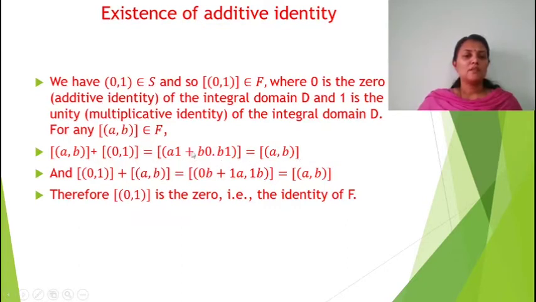This is the definition of the addition. So [0, 1] plus [a, b] is equal to, using the same formula for the addition, [0b plus 1a, 1b], which is equal to [a, b]. Therefore [0, 1] is the zero, or the additive identity, of F.